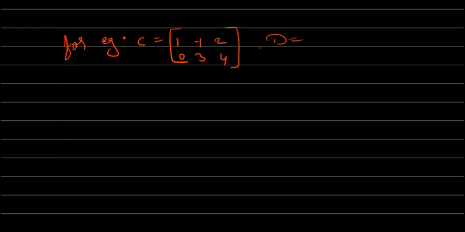Let us see what C is here. For example, C is 1, minus 1, 2, and 0, 3, 4, and D is 2, minus 1, 7, 1, minus 4.